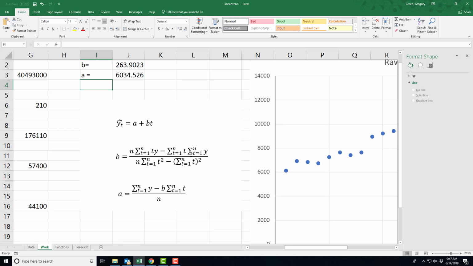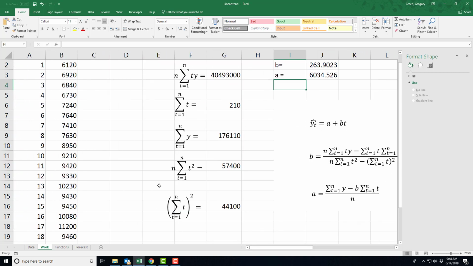So, well, what is all of this? Well, we've got to make sense of what the notation means. What this says to do is it says for me to add up the product of each time period and each value of y.